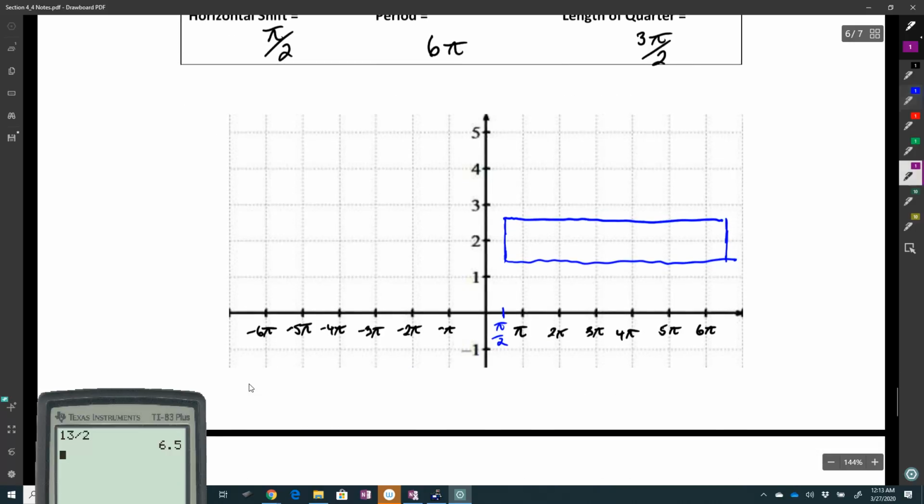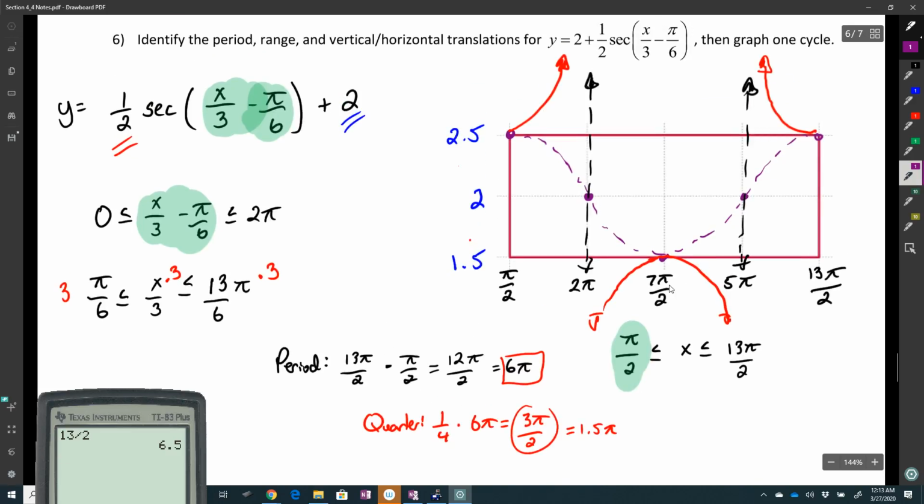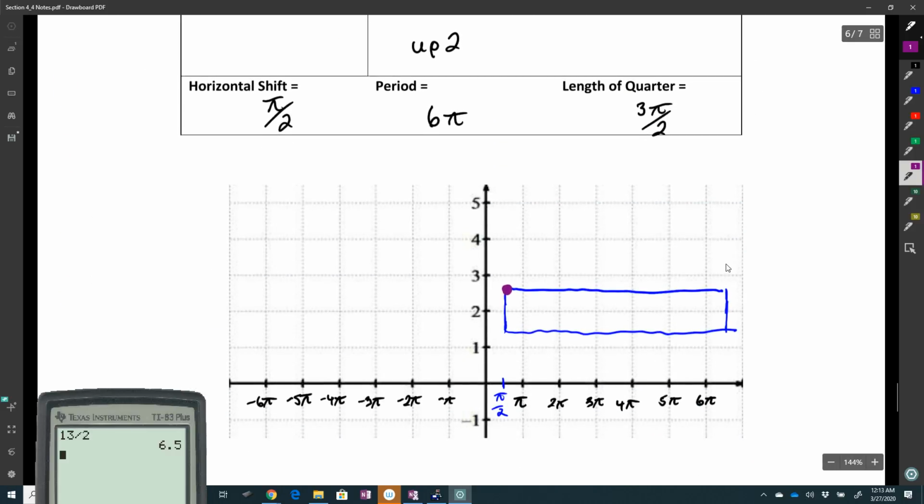And so in my box, the graph starts here. Notice that at the very middle point we had a vertical asymptote at 2 pi and 5 pi. So let's go ahead and graph those, 2 pi and 5 pi. It kind of helps me graph everything else.